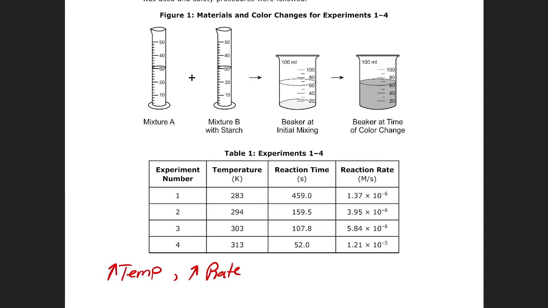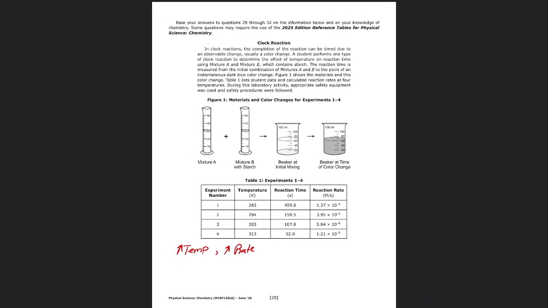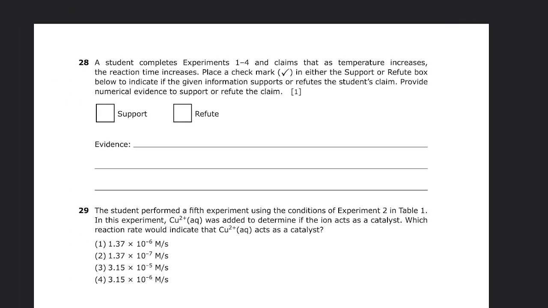There's a few different things we can do to increase the rate of a reaction. We can increase the concentration of reactants, increase the surface area, increase the temperature, increase the pressure if it's a gas, or add a catalyst. We also know that generally ionic compounds have a higher rate of reaction than covalent compounds. I digress. Let's move along.